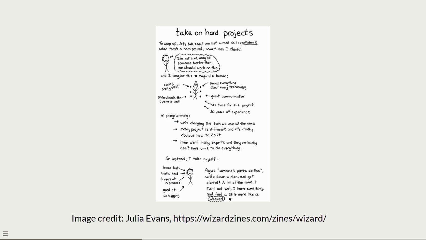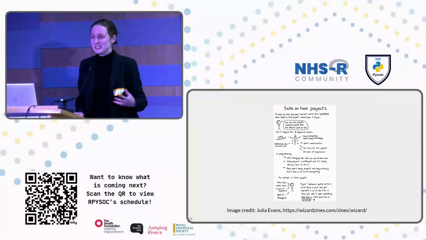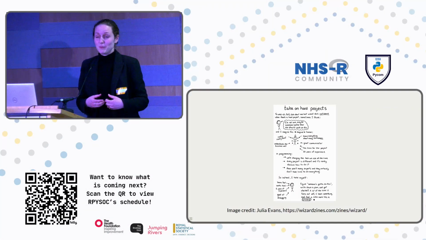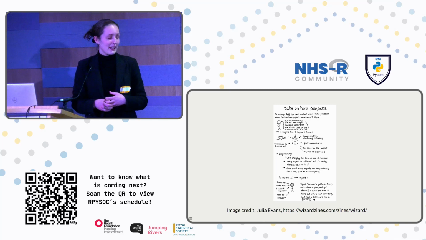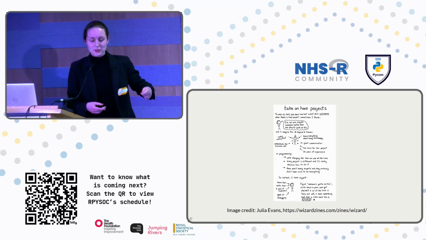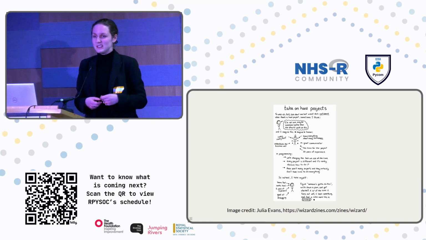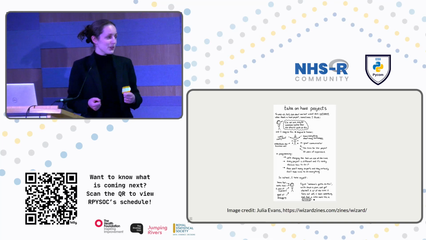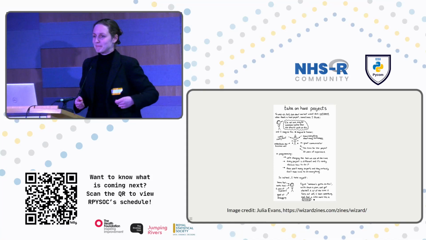The way I came into this was that when I started doing these things, I really had no idea what I was doing, and I sort of stumbled my way into it. And I was very much like the person in this cartoon, which unfortunately is probably a bit small to see in the room, but it's basically someone taking on a hard project that they don't really know how to do, and enthusiastically trying to work out how to figure it out.